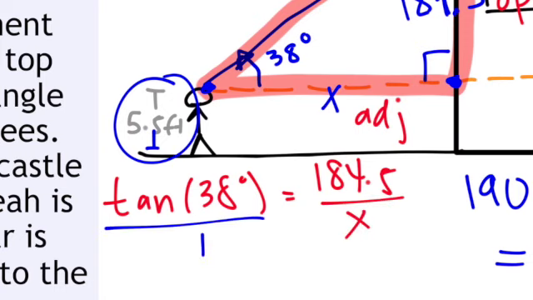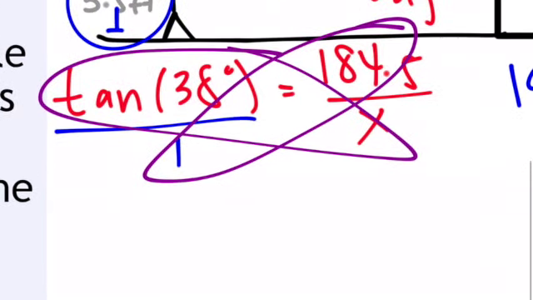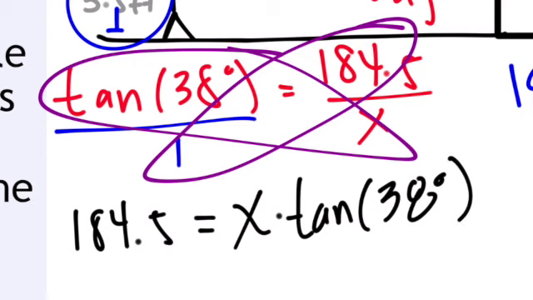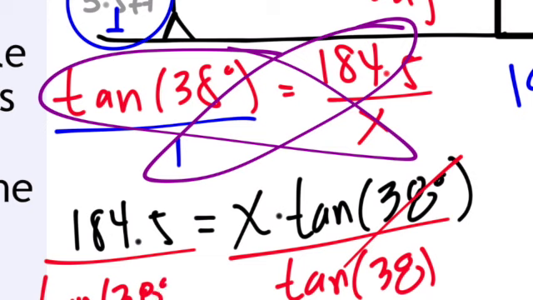So put a 1 under here, we're going to cross multiply, and we are going to end up with 1 times 184.5, that's 184.5, equals x times the tangent of 38 degrees. Then I'm going to divide by the tangent of 38 degrees, and just plug that into your calculator. 184.5 divided by the tangent of 38 degrees.